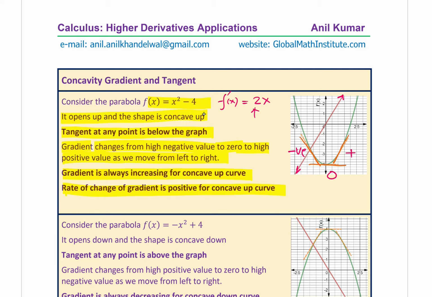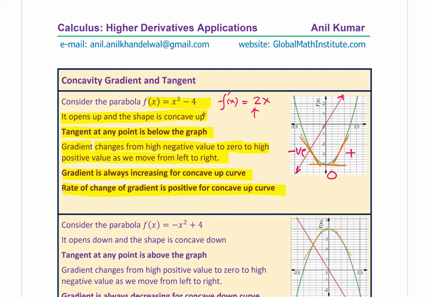Now, look at the gradient. Two things we have to look at. We are looking at gradients and the tangents. Gradients means the rate of change, right? So as you see, the graph is increasing first, then it is 0 and then decreasing. So here, if you draw a tangent, it is positive, high value, right? Then 0. So the tangent changes, or you can say that the derivative changes from positive value to 0 to negative.